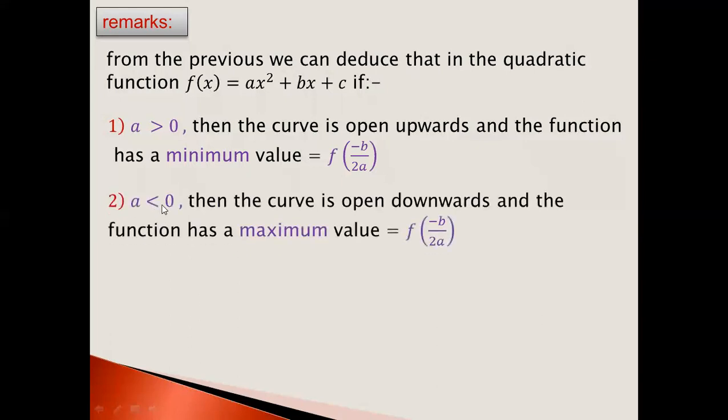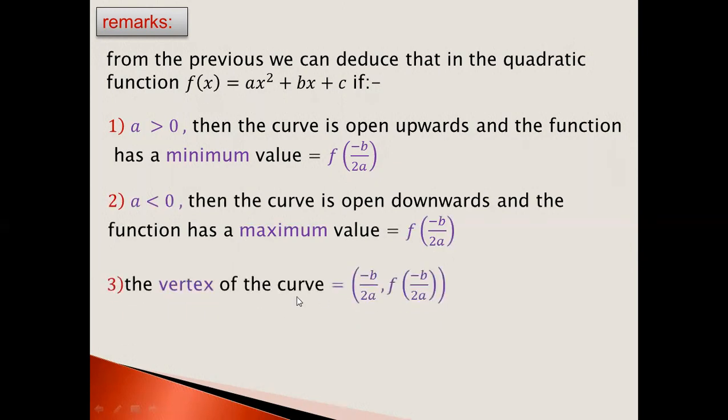But if a is less than 0, or the coefficient of x power 2 is negative, that means the curve is open downwards, and the function has a maximum value equal to f of negative b over 2a.